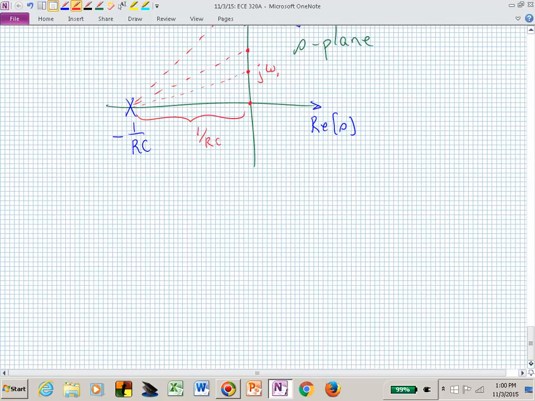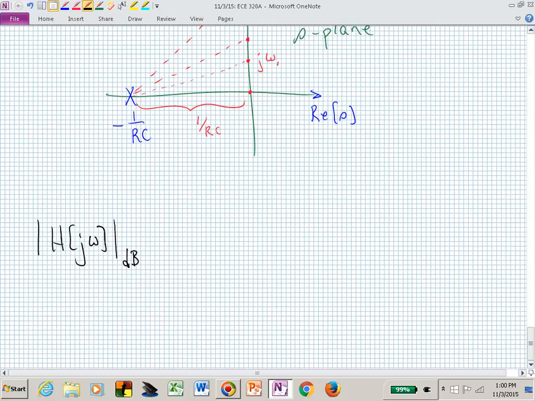Meaning, if we now went to our graphic equalizer and started sketching H of j omega in dB, where dB is 20 log of the magnitude, we now are looking at sketching the magnitude of this transfer function as a function of frequency, but the magnitude is expressed in dB.